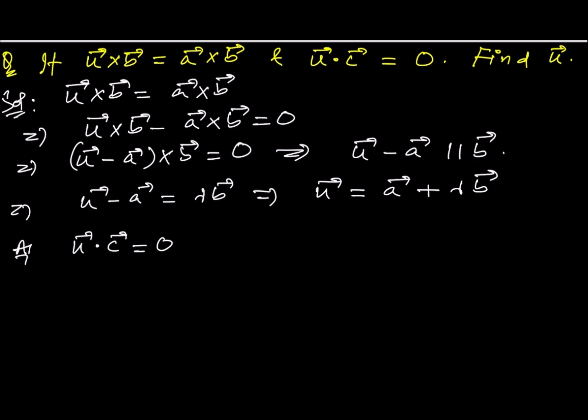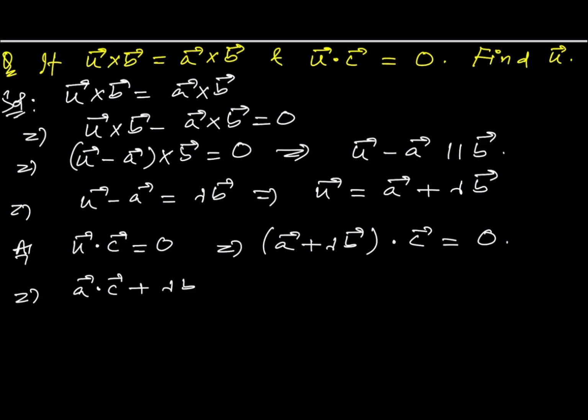Okay, so u vector is a vector plus lambda times b vector, dot c vector is equal to 0, means a dot c plus lambda times b dot c is equal to 0, or I can say lambda is equal to minus of a dot c on b dot c, right?